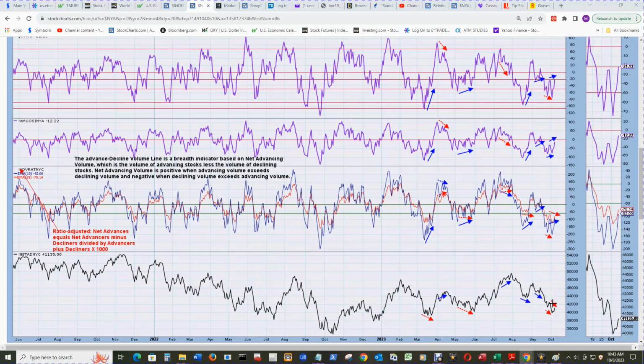So I have the AD line going down and the volume oscillator here, and then the McClellan breadth oscillator pointed up. The 39 volume for stocks only is still pointed down, and that seems to be the normal reaction. So we're really paying attention to these short ones here, this 19.